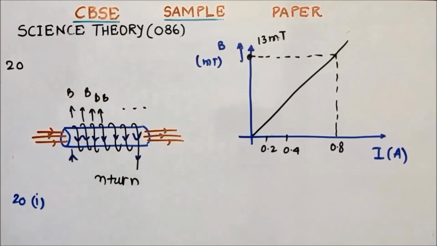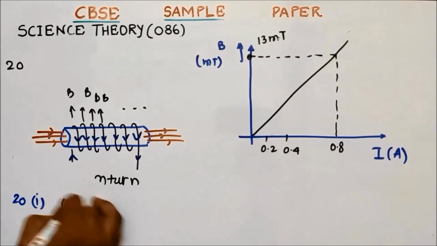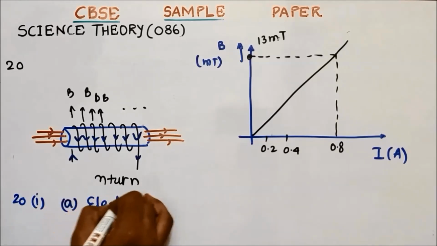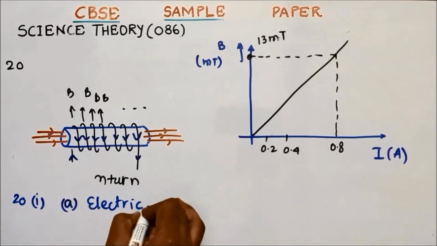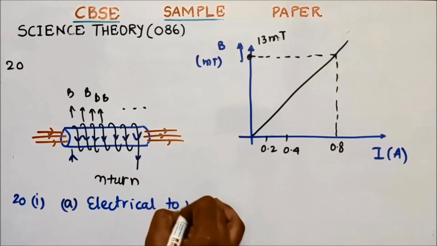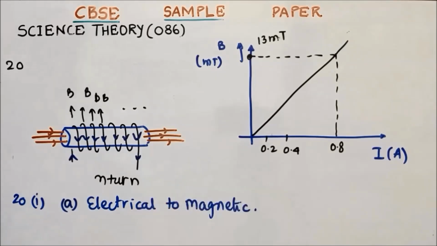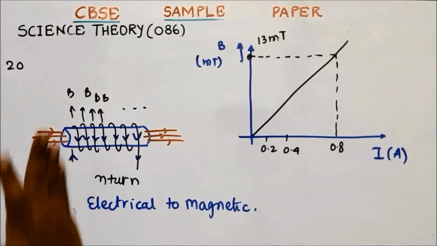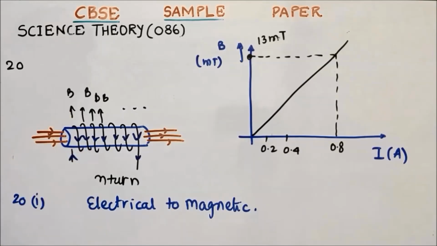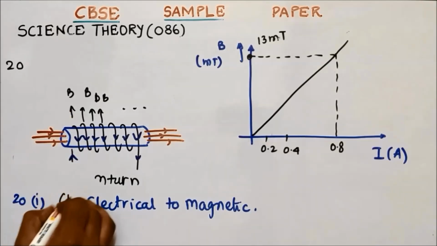A magnetic field is created. So what type of conversion takes place? The conversion is from electrical to magnetic. So the answer is not option A; it is option B.